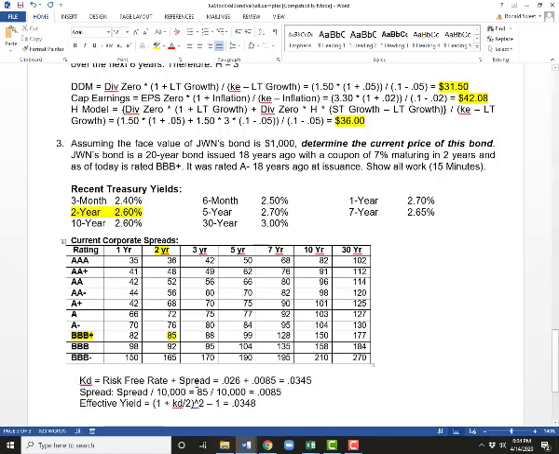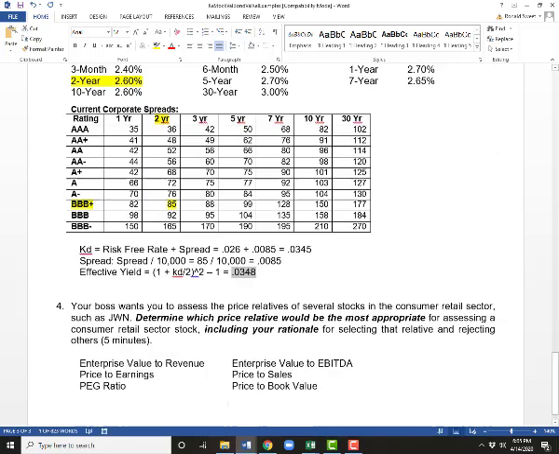Essentially, we know this coupon, this 7%, is paid twice a year. Because it's paid twice a year, we want to compound that extra 6 months in there. So we're dividing it by 2 and raising it to the second power minus 1, so we get the discount rate. So 0.0348 is what we're going to use for the discount rate.